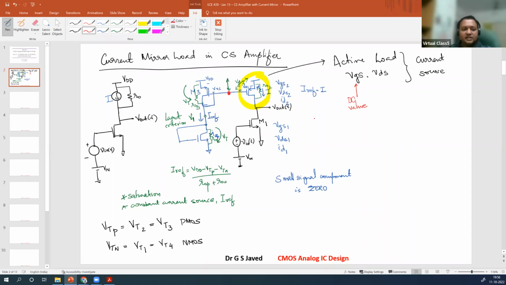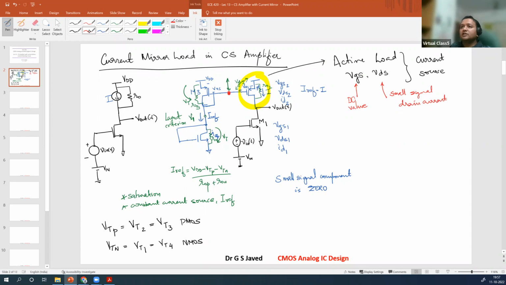But since it is present, there must be a small signal drain current flowing here. You will have a small signal drain current flowing through this, despite this being only a DC value. What must this be? It should simplify with this value.